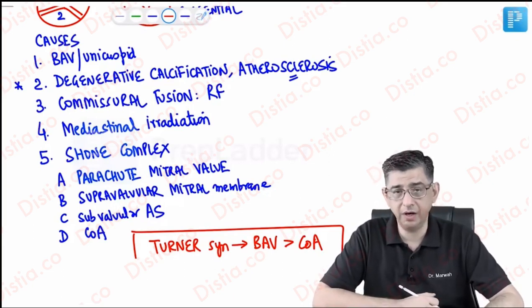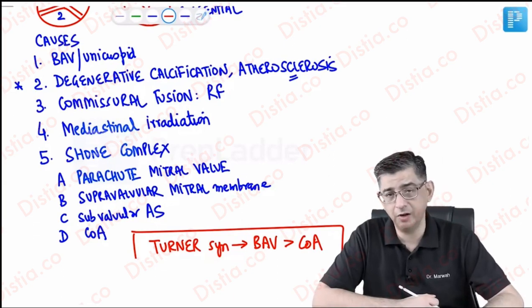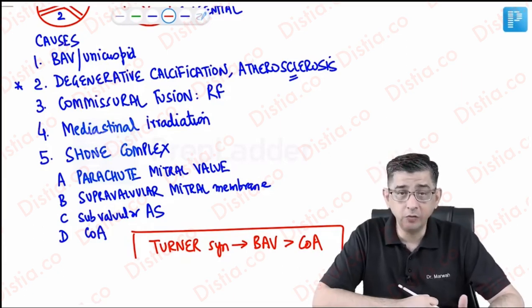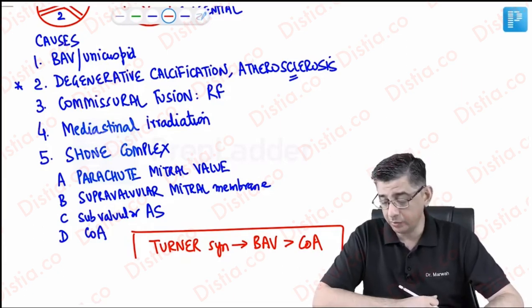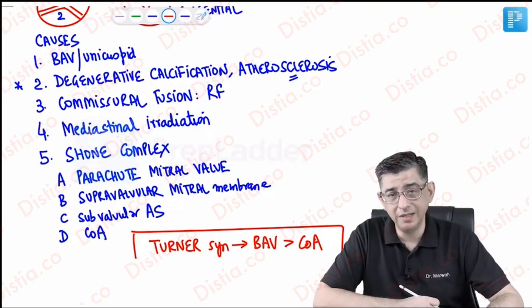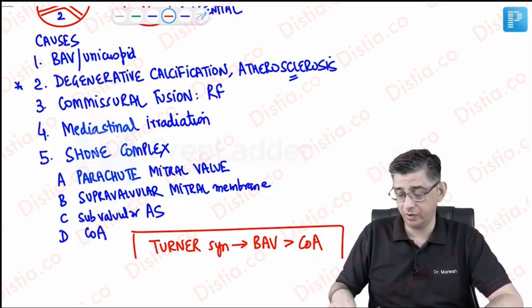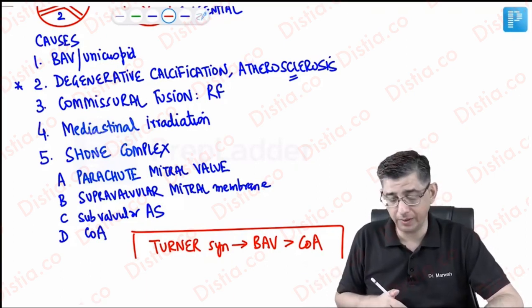They simply put up the fact that it's a young female, she's having webbing of the neck, a wide carrying angle, hypoplastic nipples, infantile uterus, streak ovaries, streak gonads, and what would be the cardiac lesion that would be encountered here. You all know this even from your pathology classes, a bicuspid aortic valve and also a coarctation of aorta.